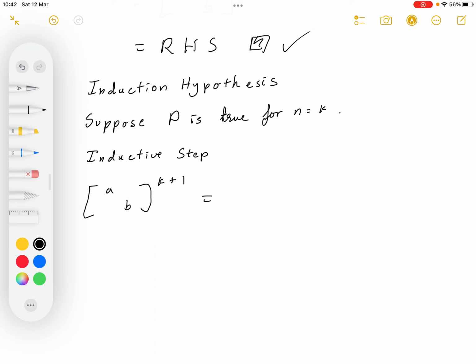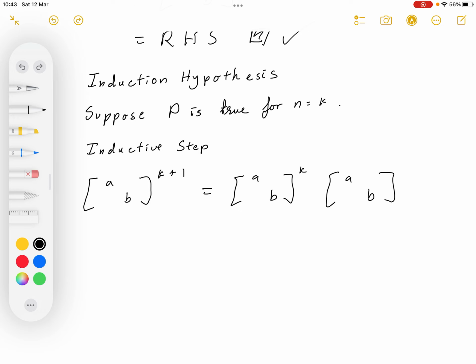And this is equal to (AB) to the k times AB. That's just how matrix powers work, and you could write these in the other order if you wanted to. That'd be absolutely fine, because they're the same matrix.